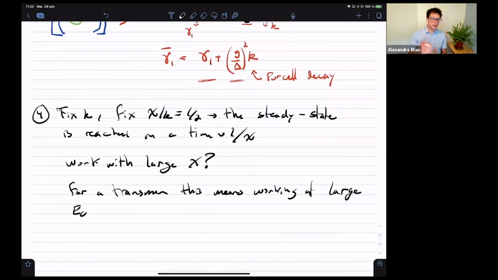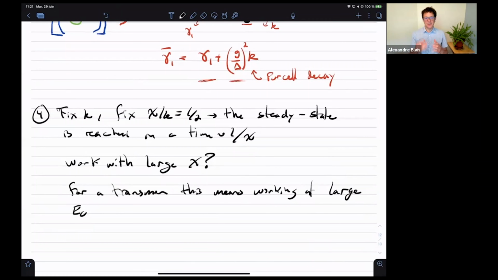Well, Jens will have told you that you do not want to have large charging energy because a transmon is a good transmon at low charging energy, when the capacitances are large. And it is in this low EC regime that the qubit is protected against charge fluctuations, against charge noise. And so large EC is not a solution.